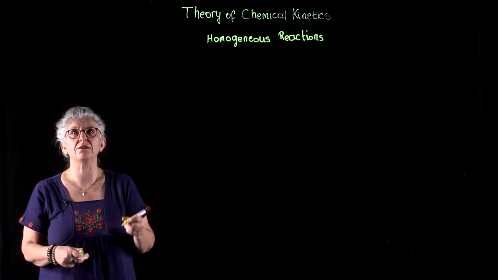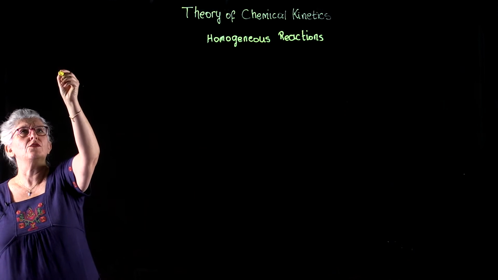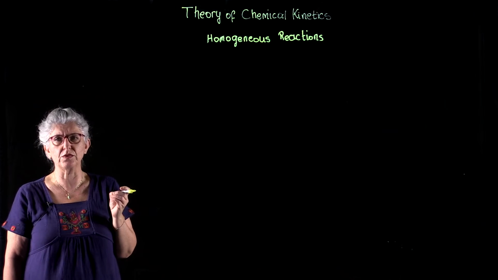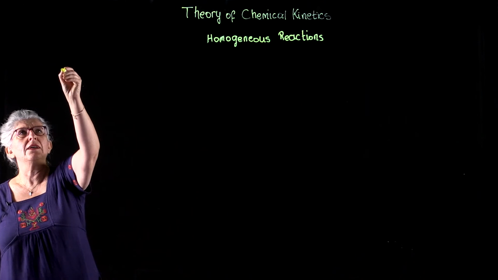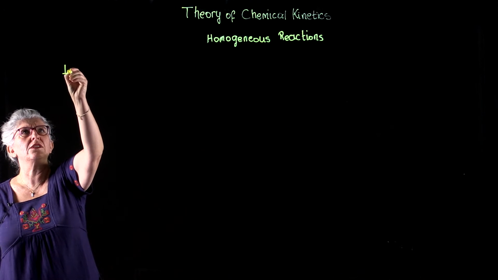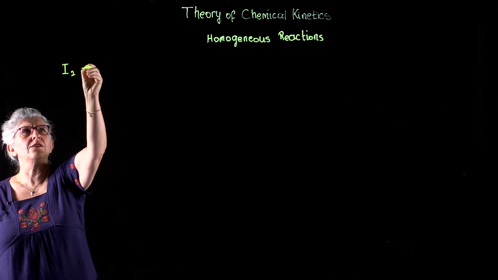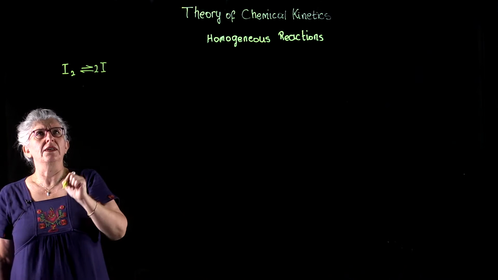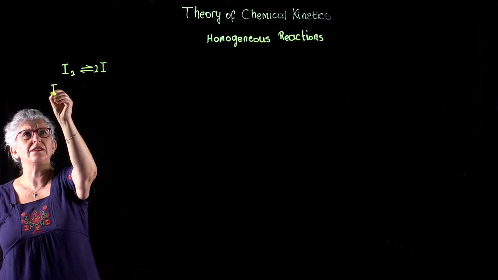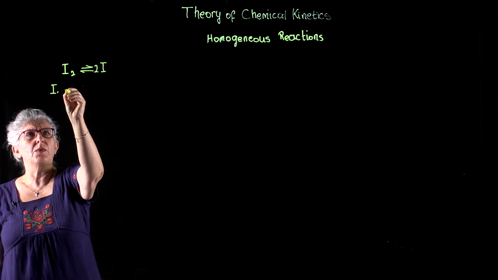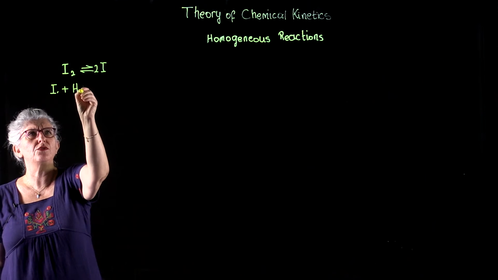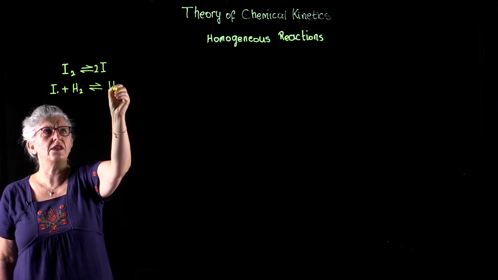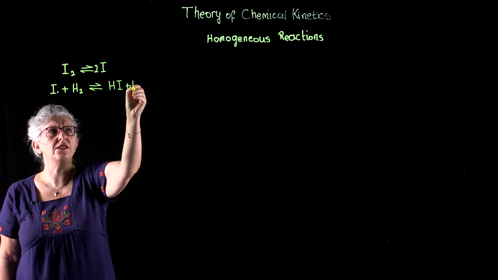Now let's begin with writing the reaction. The overall reaction is formation of two hydrogen iodides from the constituent molecules, dihydrogen and diiodide. We will start with the formation of iodide radical from the molecule, dissociation of iodide into its radicals, and then this iodide radical will react with hydrogen molecule to form one hydrogen iodide and one hydrogen atom.